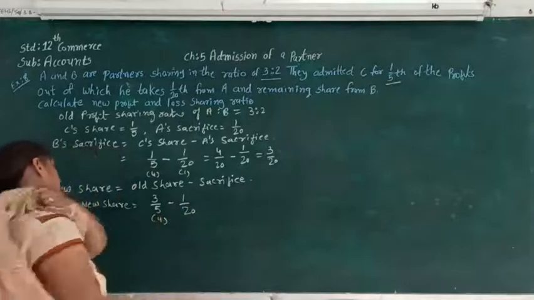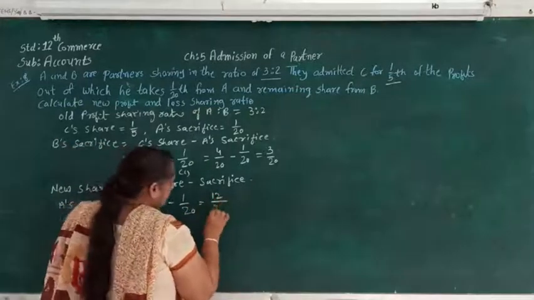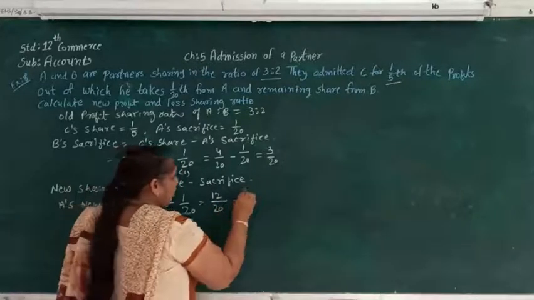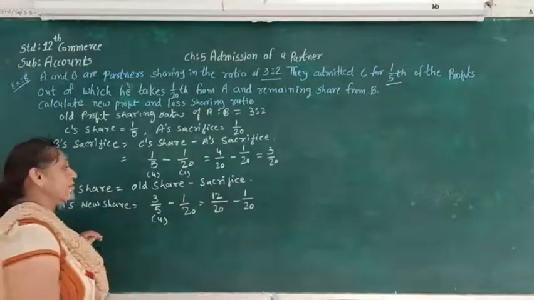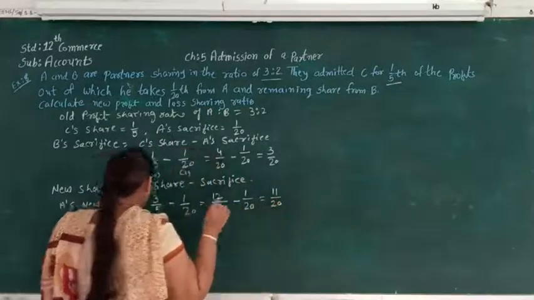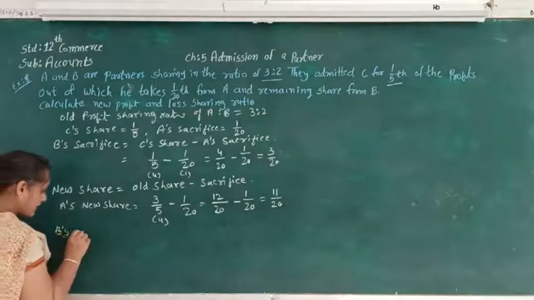So here making the denominator same, 12/20 minus 1/20. So A's new share will be 11/20. Now let's see B's new share.